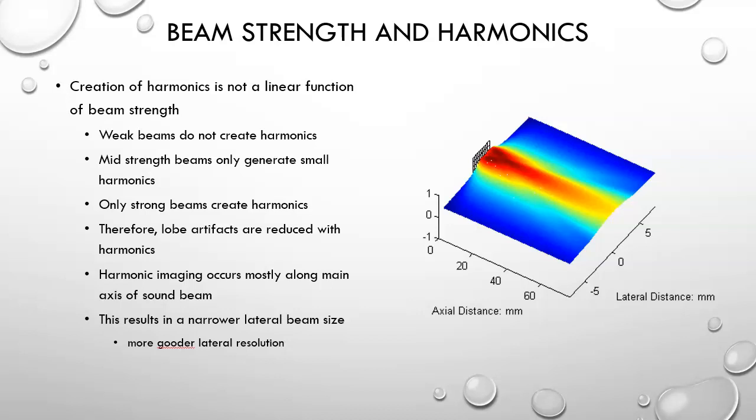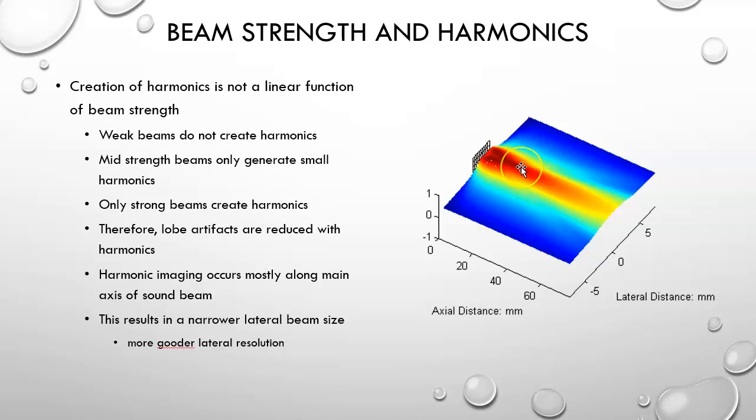Because harmonics are not a linear function, it requires a much stronger proportion of the signal to generate them. Within our beam, as you know, as you work across the beam, some areas have a higher intensity and some areas have a lower intensity, and that's known as your spatial spread or your spatial intensities.